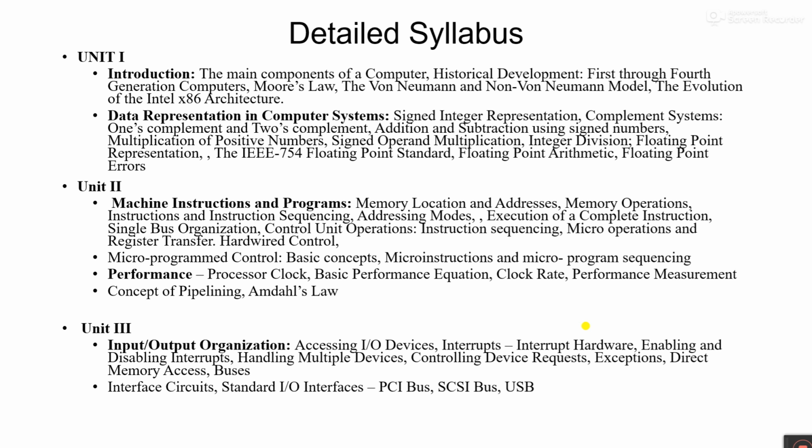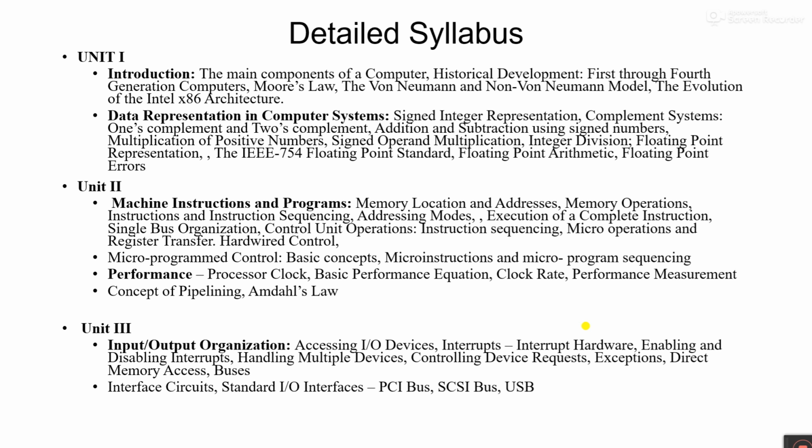History is very important to know how computers worked in the first case and how they work these days, because if you don't know the history of computers, you cannot develop a very good system. Next is Moore's law.